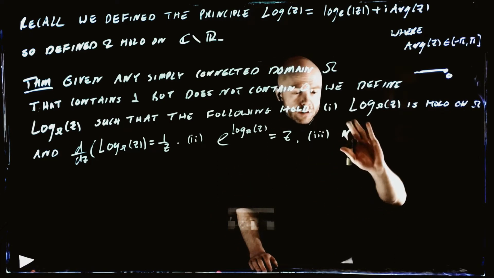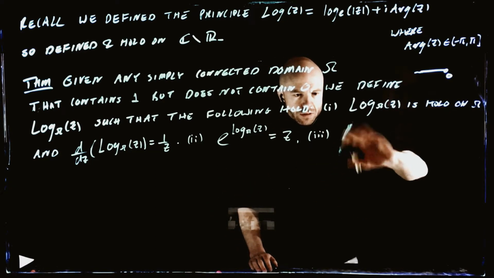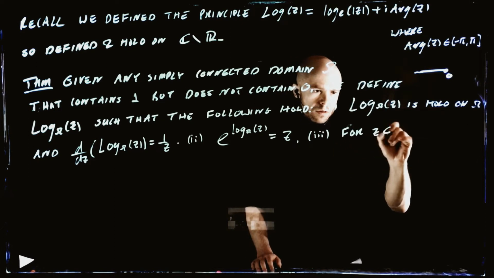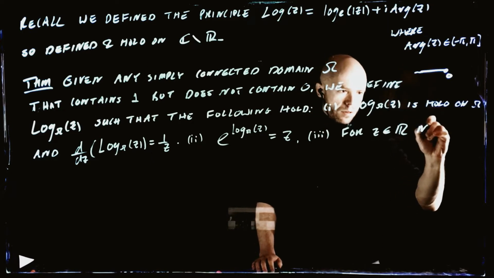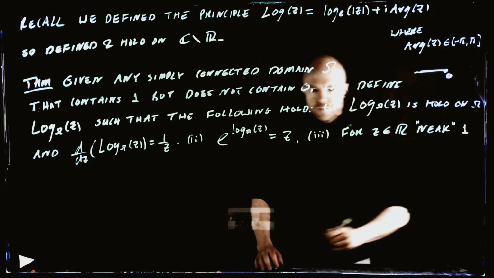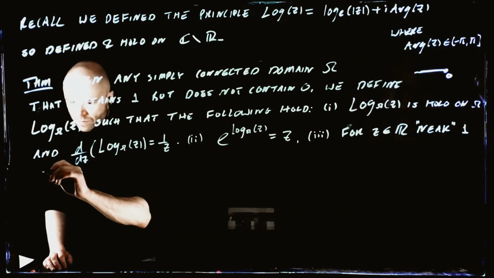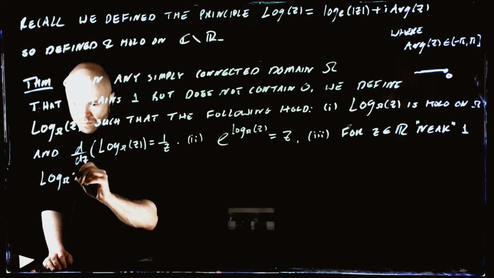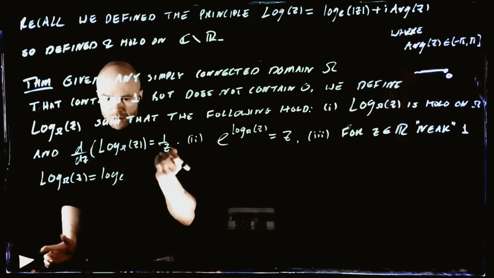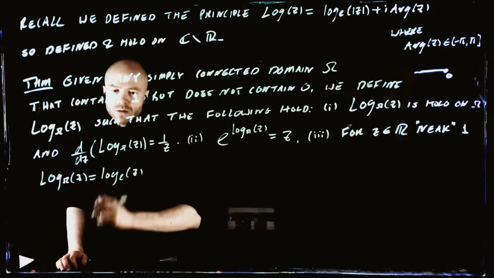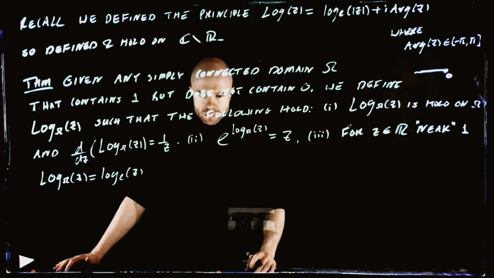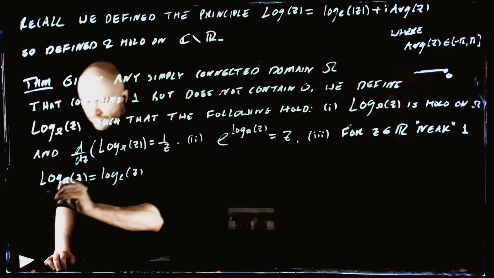So near, or for real numbers, when it's a real number, then it is just equal to the natural log that we know from calculus. Okay?